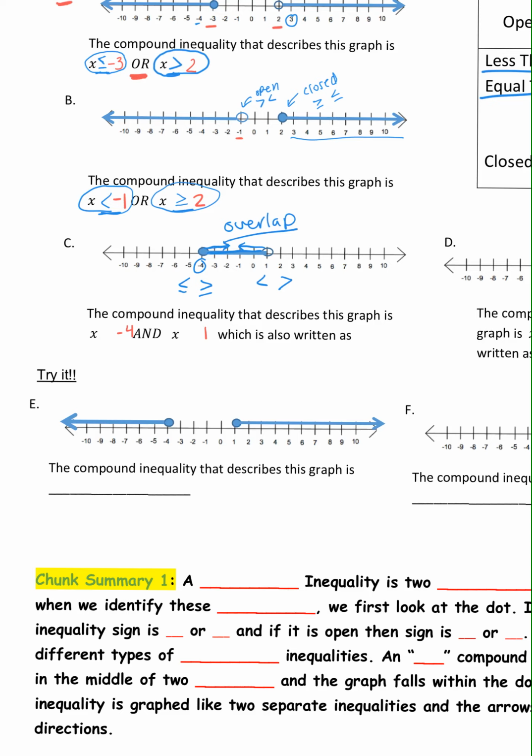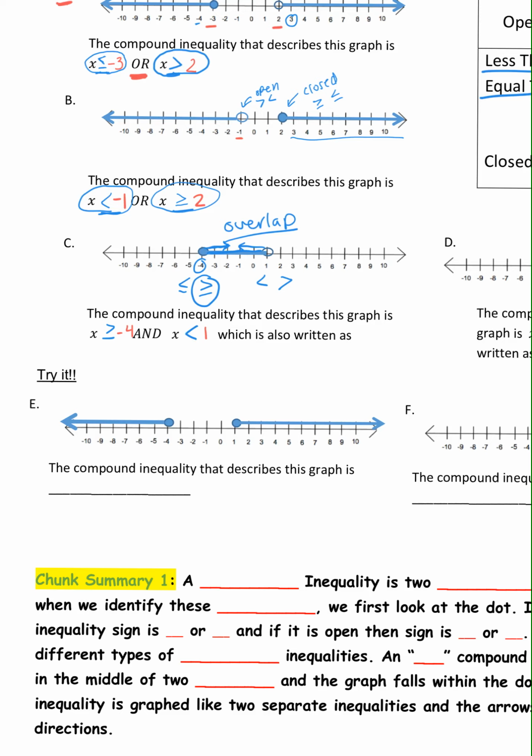So that means all the numbers bigger than -4, which means x has to be bigger than -4. So I'm going to choose this one. X is greater than or equal to -4. And then for my 1, my open circle, I'm going to look and I'm going to see, oh, 0 is less than 1. So that means my arrow is going all the numbers less than 1, which means 1 is bigger than x. And that is my compound inequality.